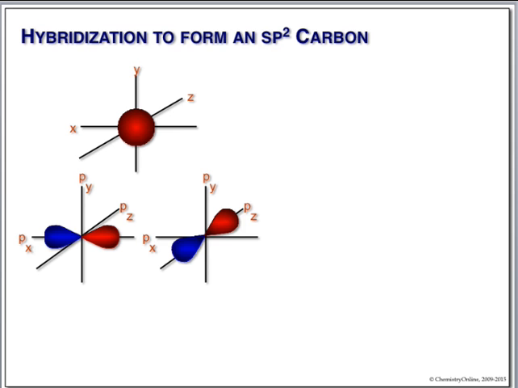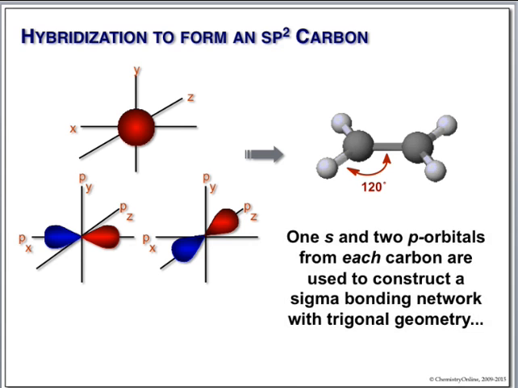When we combine these things together, we form our trigonal geometry here. 120-degree bond angles, etc. So trigonal planar geometry. This is our first bond here between our 2 carbons.